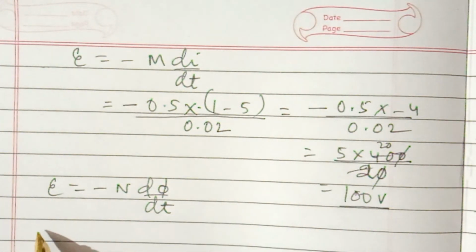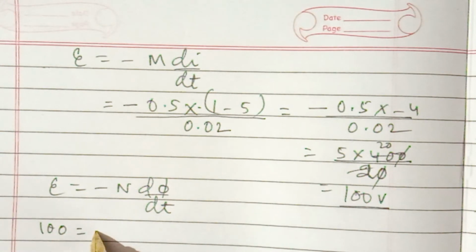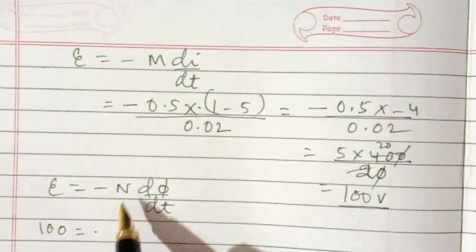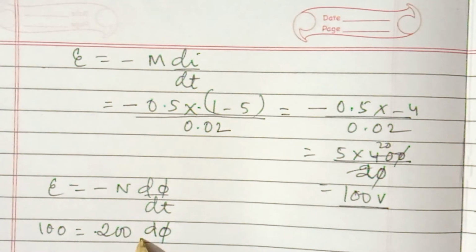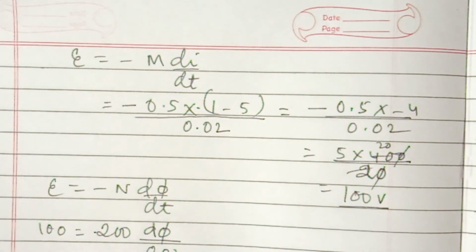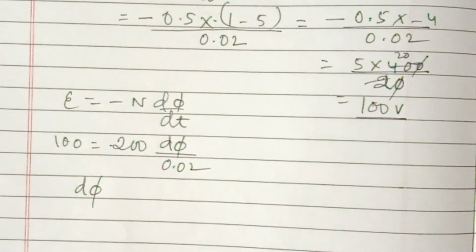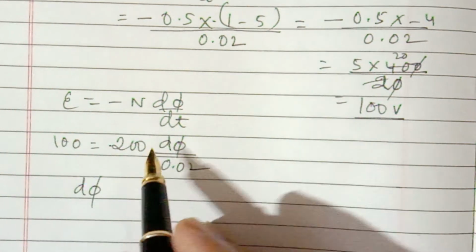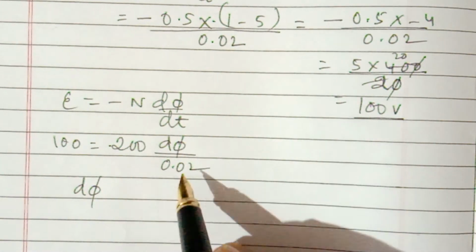So EMF is 100, number of turns 200, and time is 0.02. We'll use the magnitude here, so no need of putting the sign.